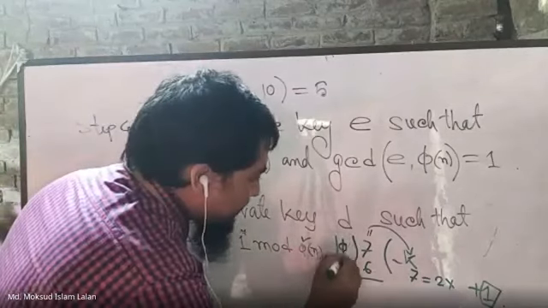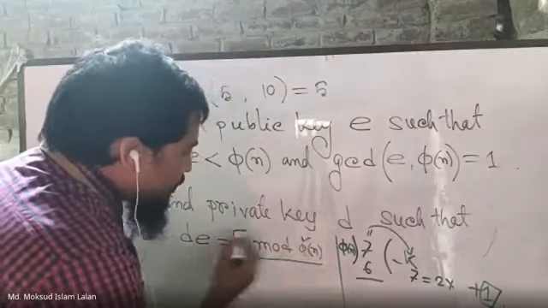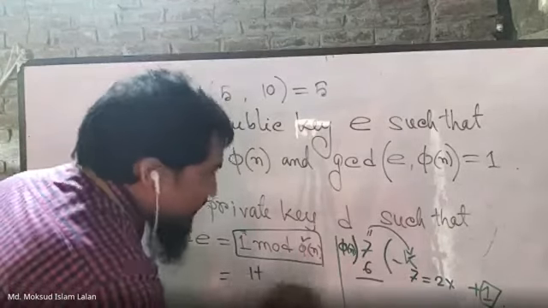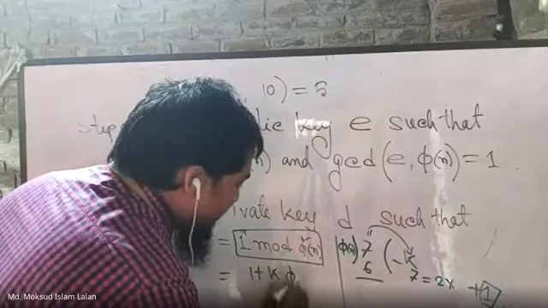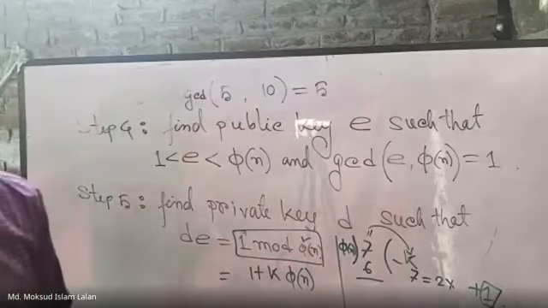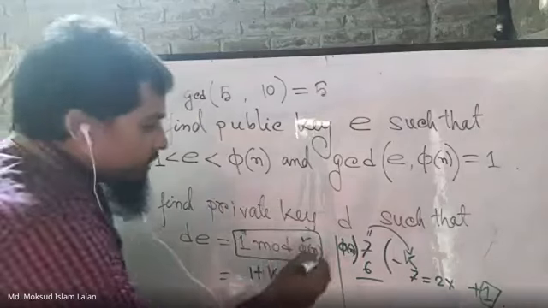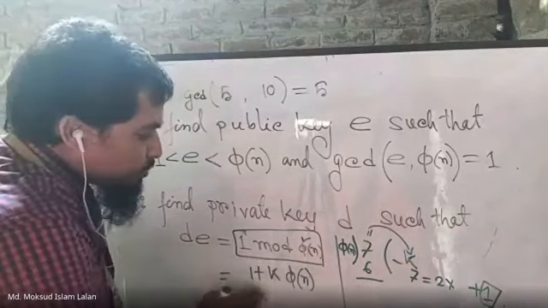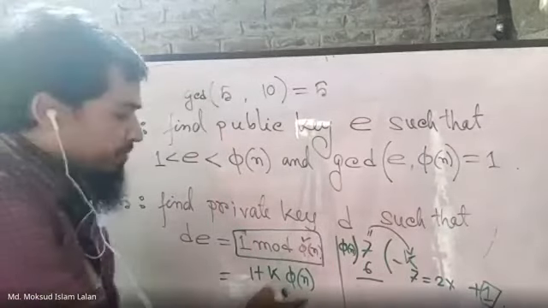So instead of this, can I write 1 plus k times phi of n? This 7 can be written as something like this, the whole expression.